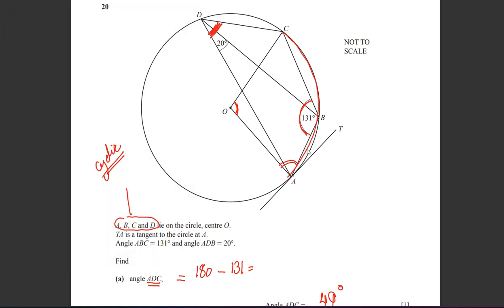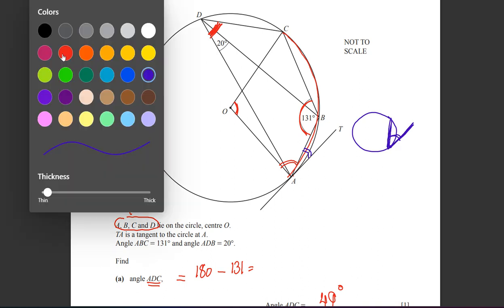If we have a tangent at this point, which is the point of tangency, and we have a chord like this, this is the angle between the chord and the tangent. And I have an angle opposite to this chord, for example here.